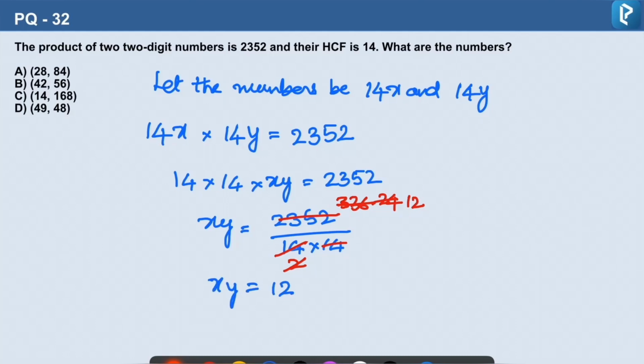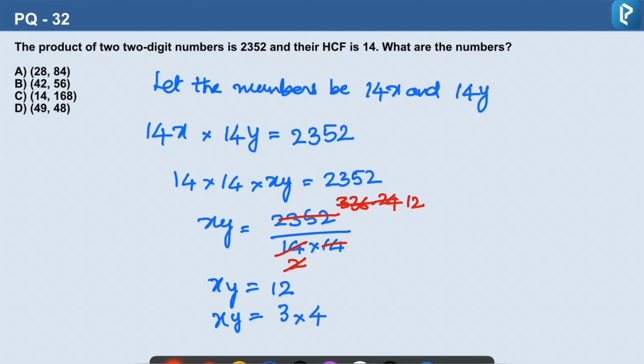The product of x and y is 12, and x and y are co-primes. So what are the factors of 12 which are co-primes? They are 1 and 12, and 3 and 4.